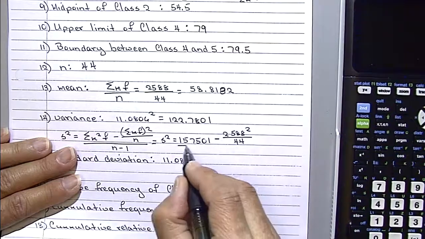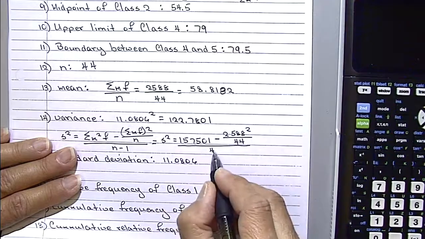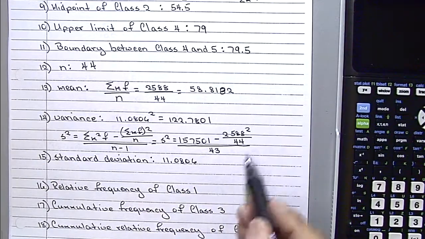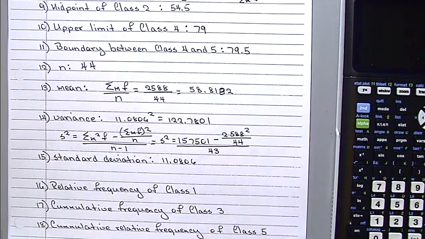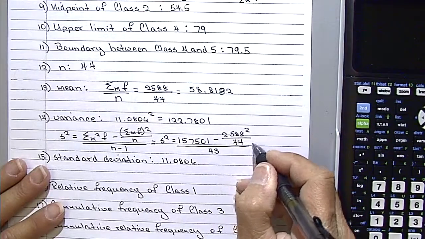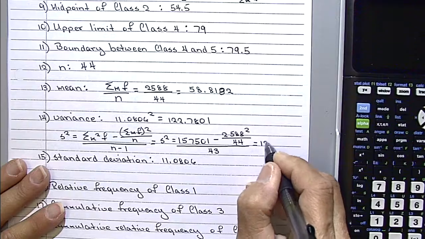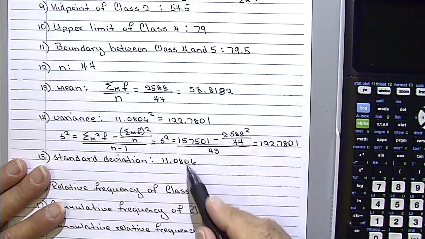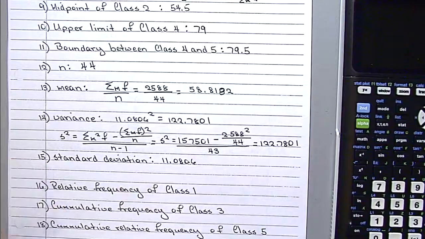Because it's a sample, I take this whole thing and divide it by n minus 1, which is 43. If it had been population data, they would both have been 44, and that is the only difference in the formulas, okay? When you do that calculation, it comes up to be 122.7801, the same as the standard deviation squared. If it's different, it's going to be slight. Be okay, all right?